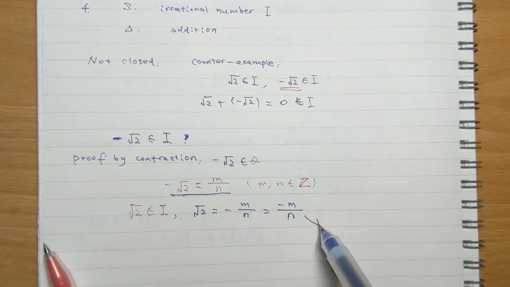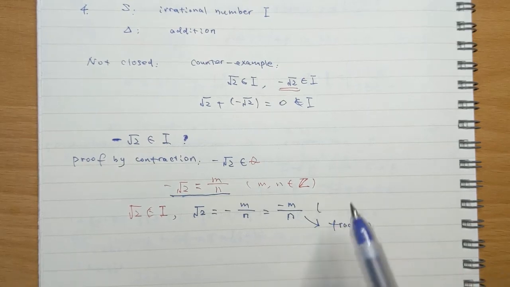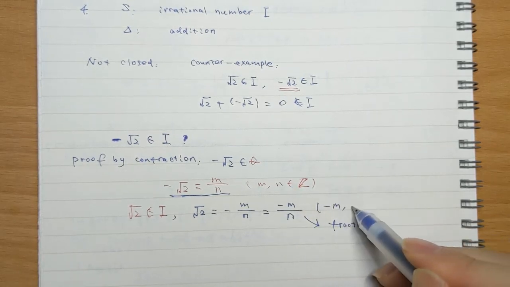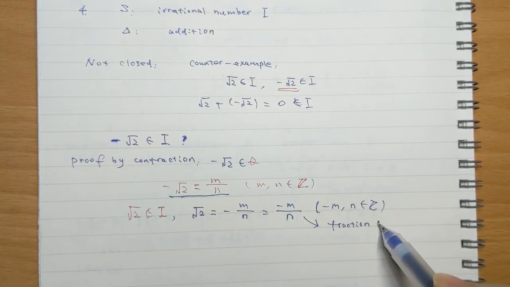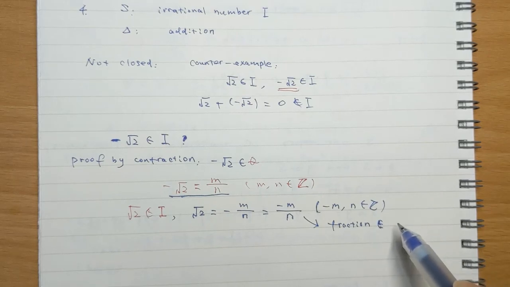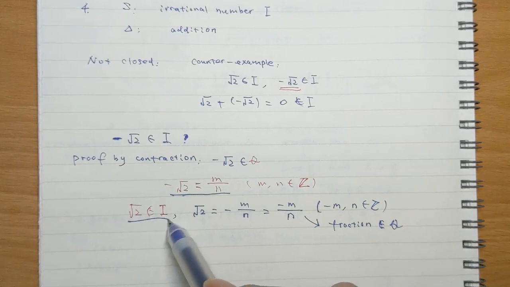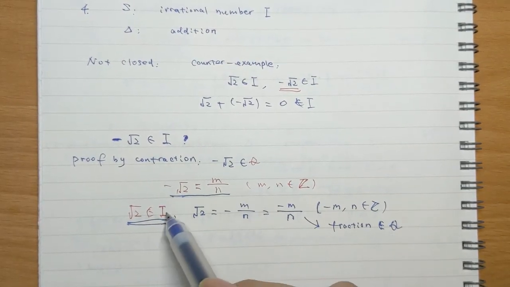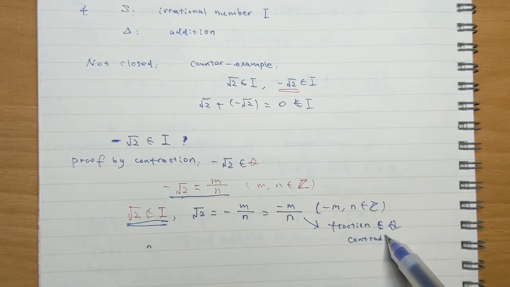So this is again a fraction, because minus m and n are integers, so it must be a rational number. However, we have concluded that square root of 2 cannot be rational. It must be irrational. So this is a contradiction.